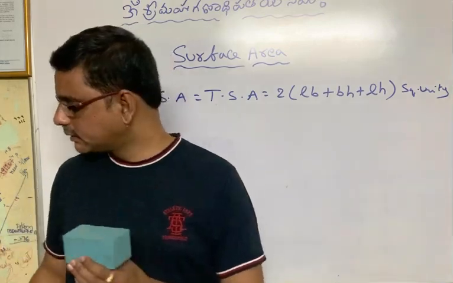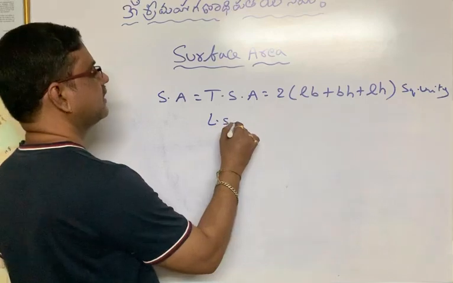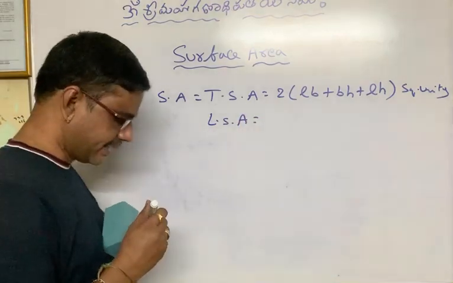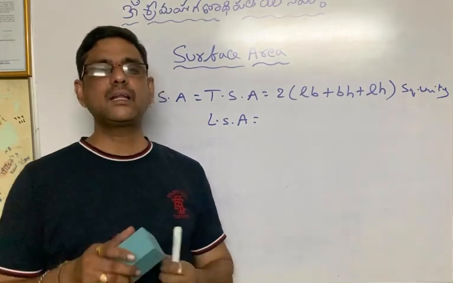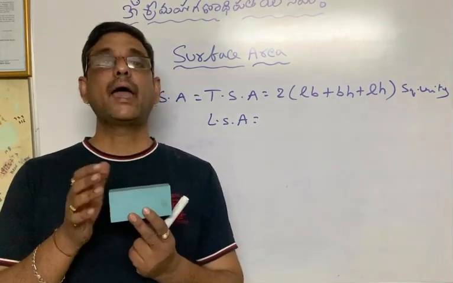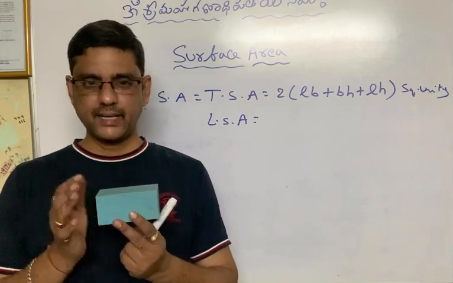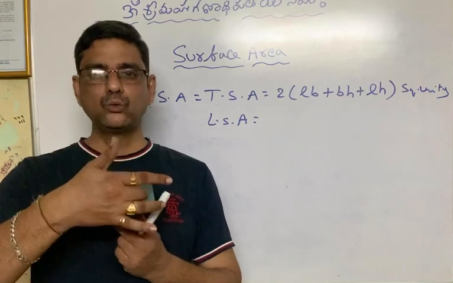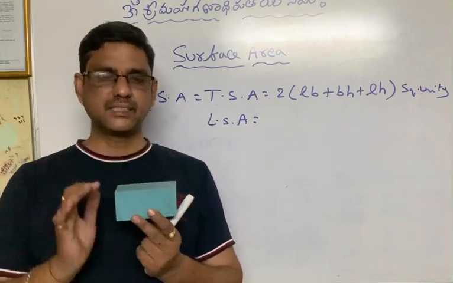Now, there is another formula, that is LSA, lateral surface area. Lateral surface area means excluding top and bottom. The remaining faces are 4, that is front, back and 2 side faces.